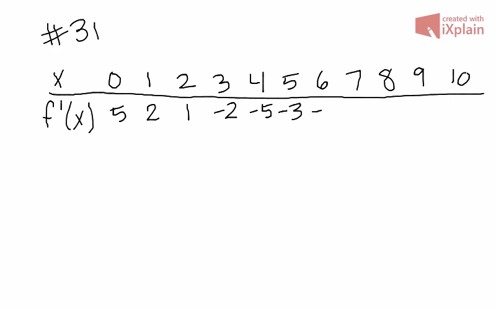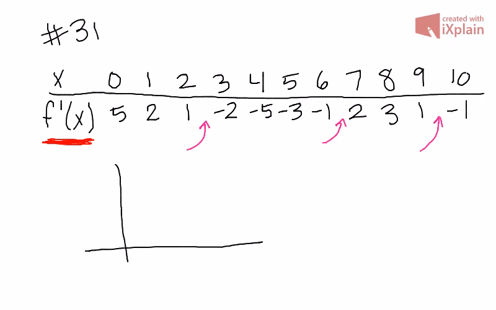And remember, critical points are when the derivative, and we have the derivative here, is equal to 0. So these little pink arrows that I'm drawing in here, you can see that the derivative equals 0 somewhere in between these points here, because we go from 1 to negative 2, and in order to get from 1 to negative 2, we must have crossed 0 at some point, okay?